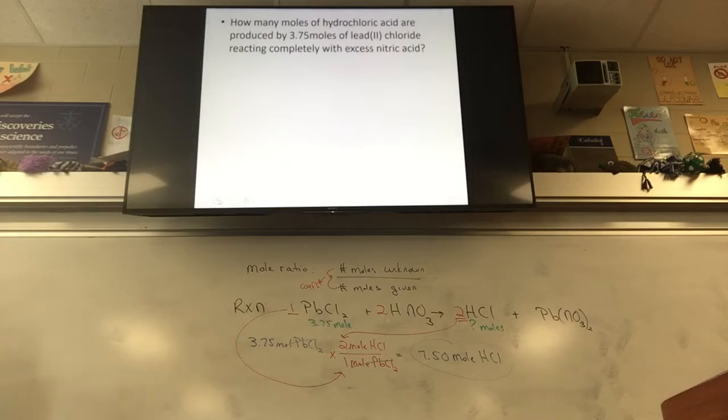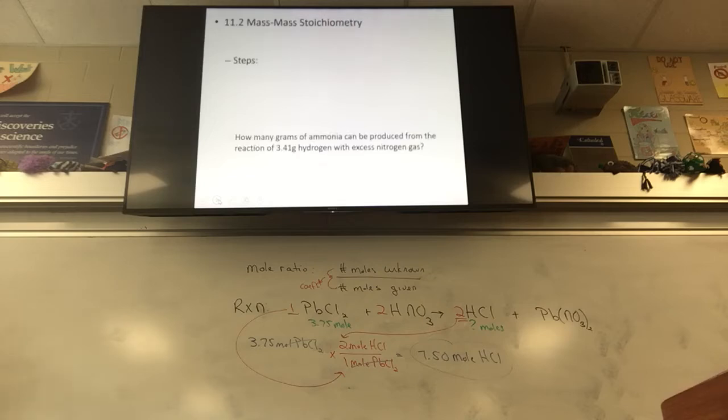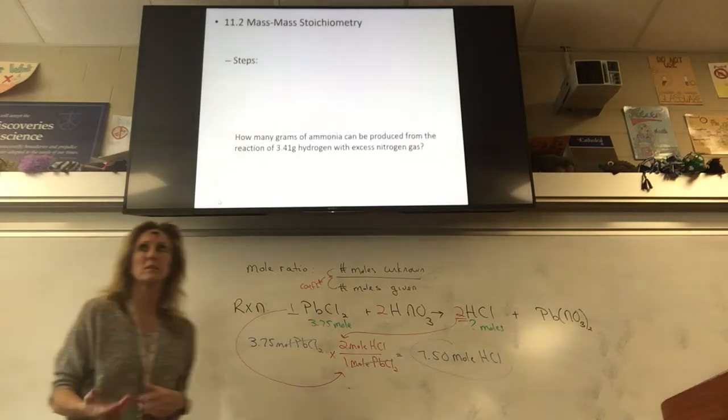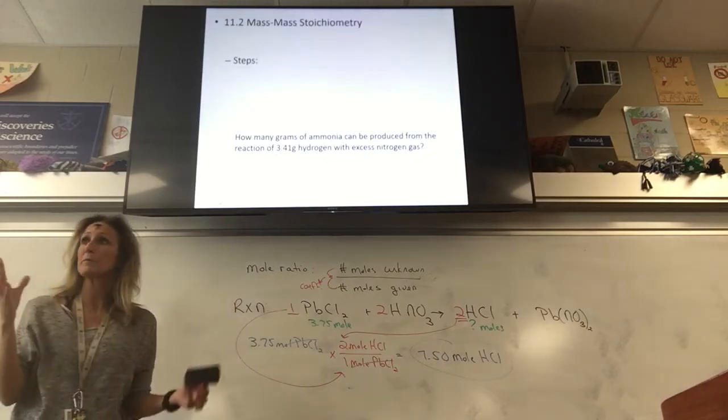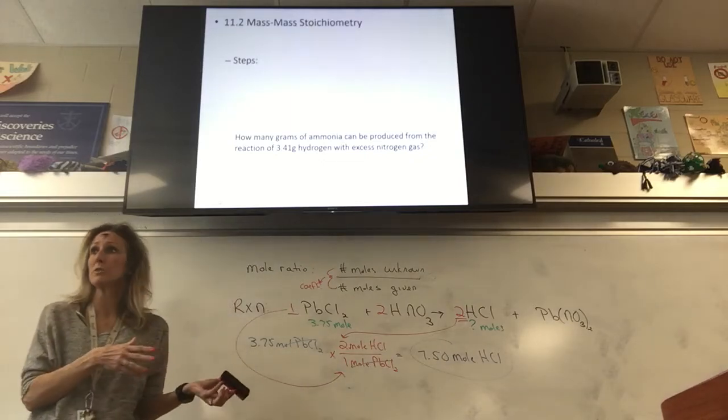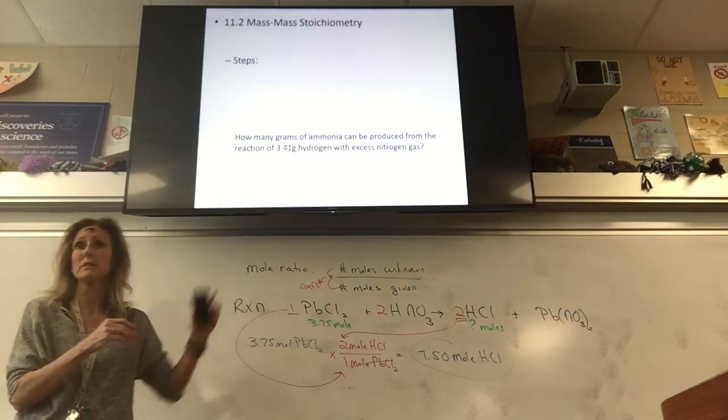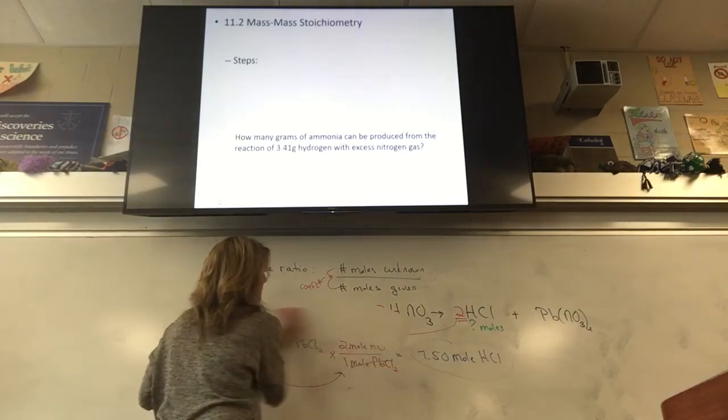Okay, well then let's move on to the more realistic stuff, and our main focus of today, which is mass stoichiometry. So probably 75% of the stoichiometry problems we'll do will be mass-to-mass stoichiometry.